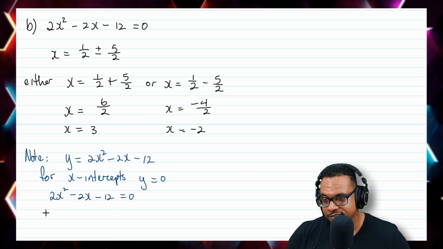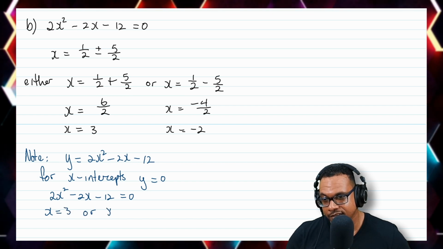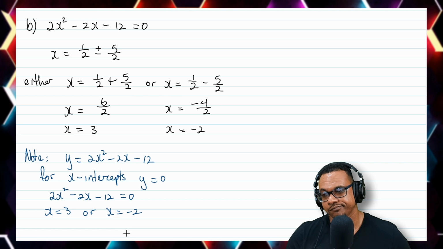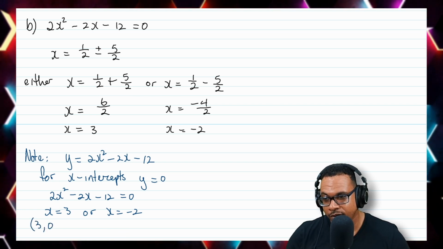And as you know, we got the answers x is equal to 3 and x is equal to negative 2, which simply means as a coordinate, x is 3 when y is 0.